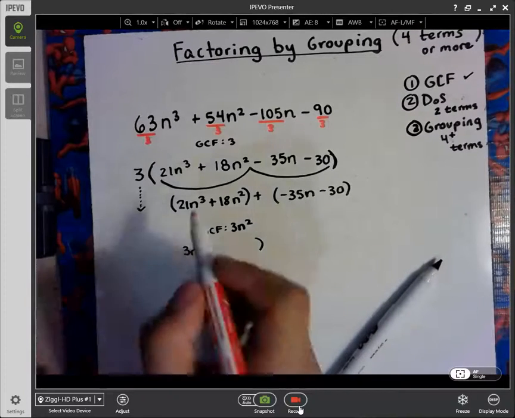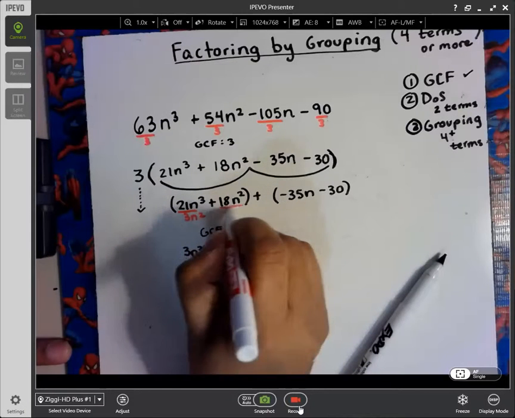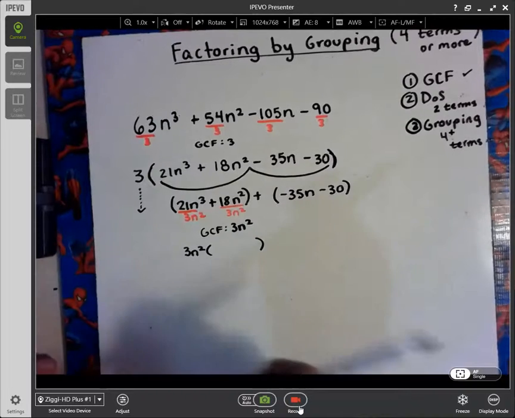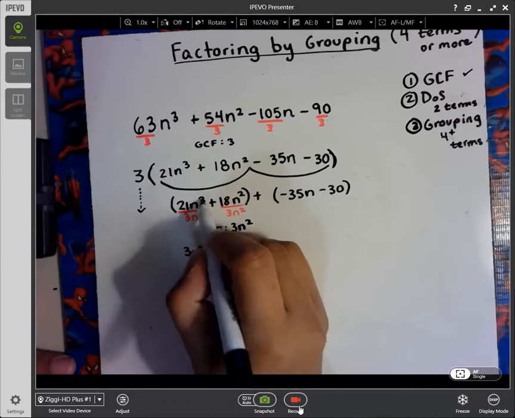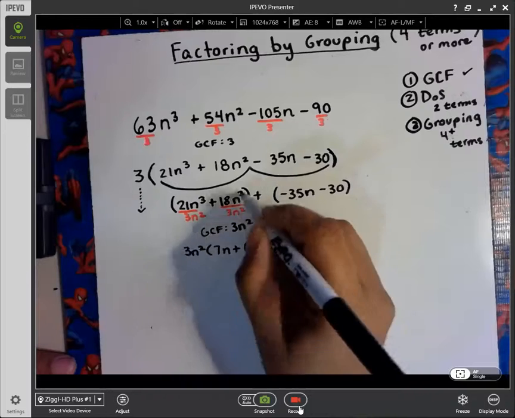It's my red marker. That means each of these needs to be divided by 3n squared. 21 divided by 3 is 7. N cubed over n squared is just n, plus sign. 18 divided by 3 is 6. And the n squares cancel.